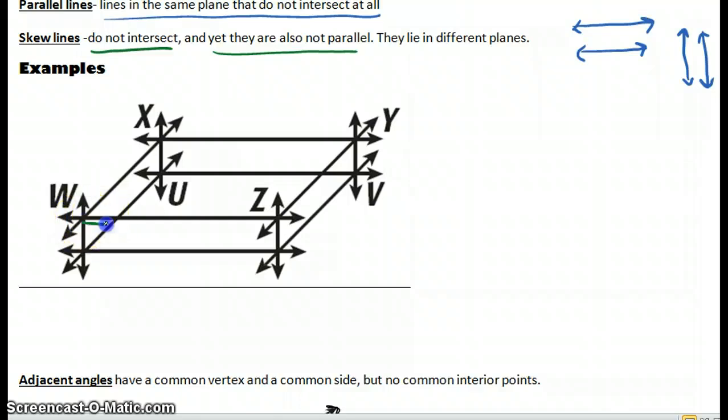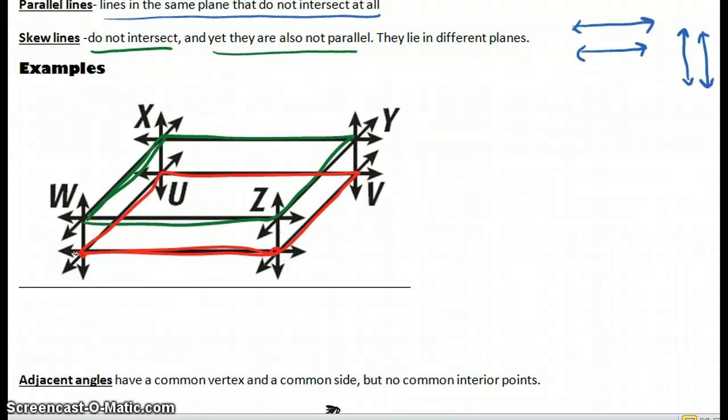So you have two planes here. This plane is on top, our plane Y, X, W, and Z, and our other plane is beneath it. V, U, down here. These other ones don't really have names, do they?